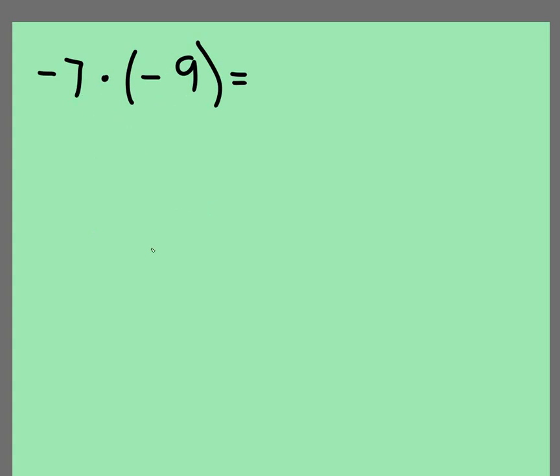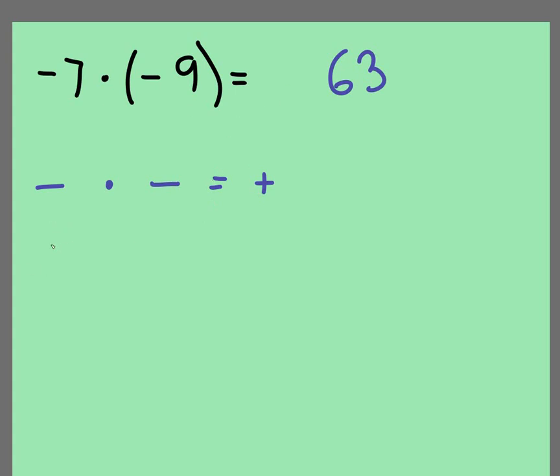7 times 9 is 63. But now I've got to figure out what sign to use. Remember that negative times negative is positive. The negatives cancel out. It's sort of like saying if you turn around and then turn around again, you're facing back where you started.